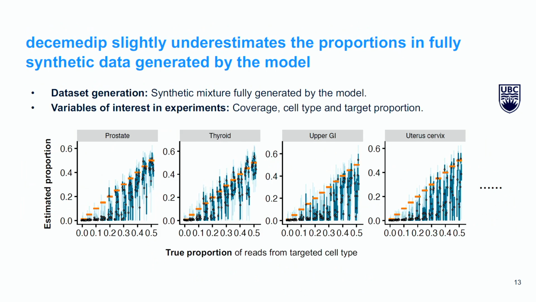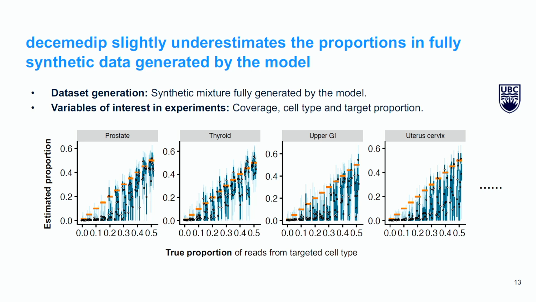Then we ran a bunch of benchmarking experiments with simulated data. Here we used synthetic mixture data generated fully by the model itself, because Bayesian models are generative models.